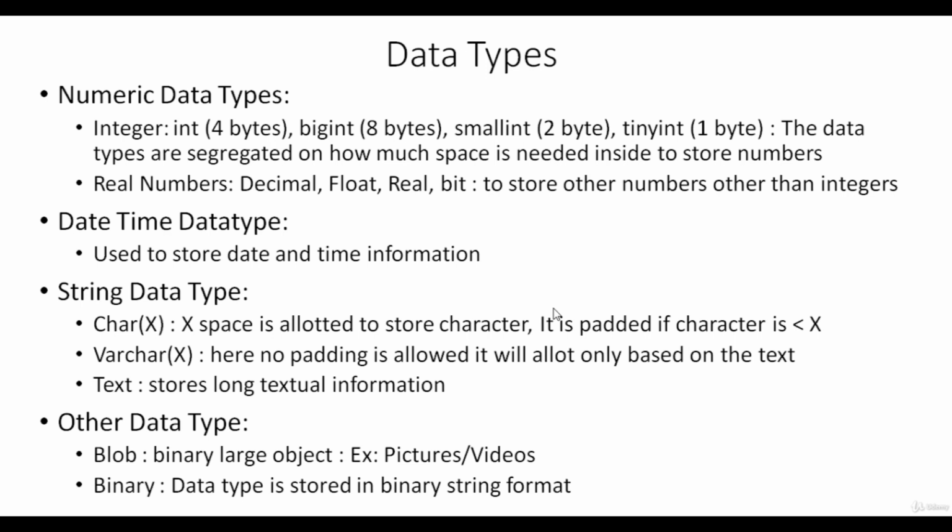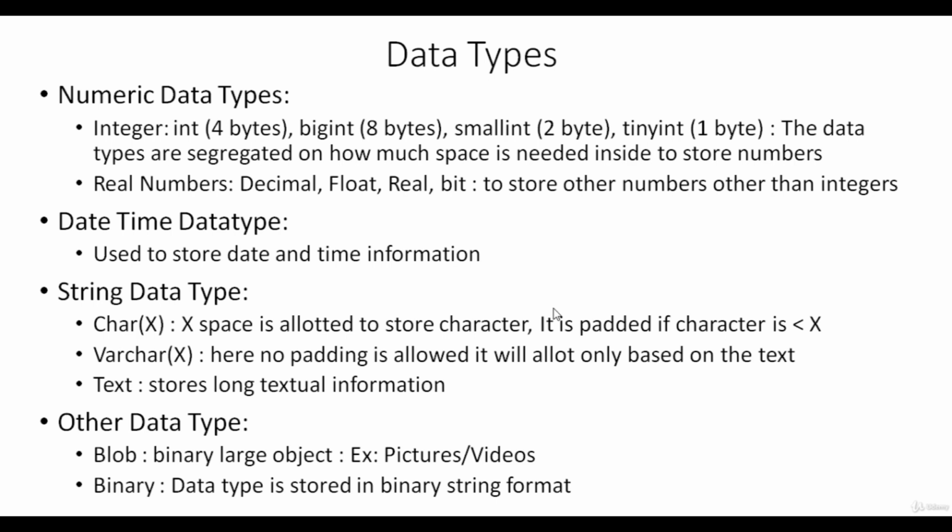Apart from these, the other data types are blob, which is nothing but binary large object, used to store pictures and videos. And there's a binary data type which is also used to store the binary string format.